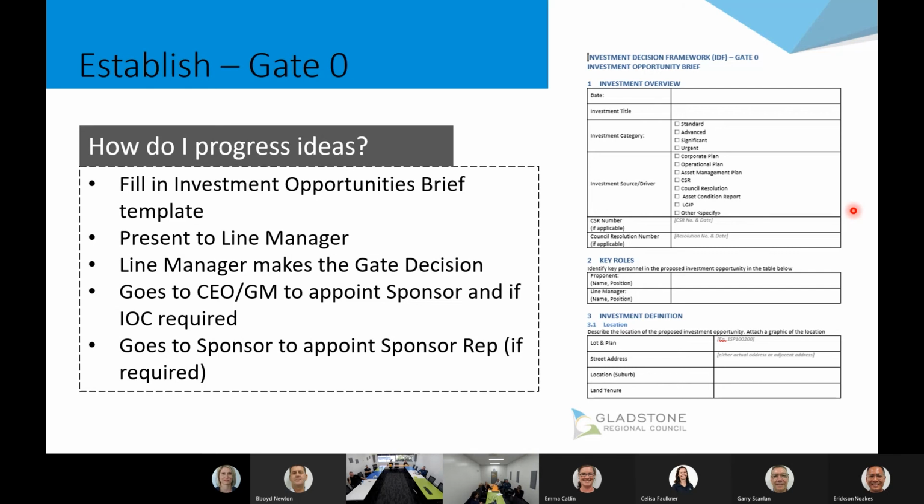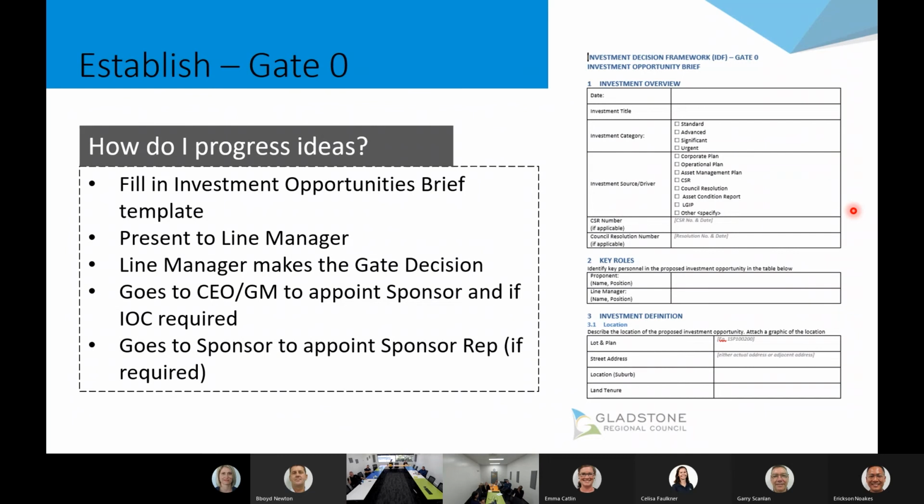So gate 0 is all about if I've got a problem, idea, opportunity, need, something's popped up. The proponent is the one that's going to be filling out an investment opportunities brief, so it's a template. It gets presented to the line manager typically. The line manager makes the gate decision.